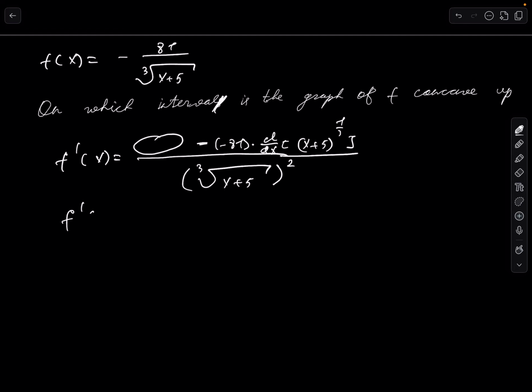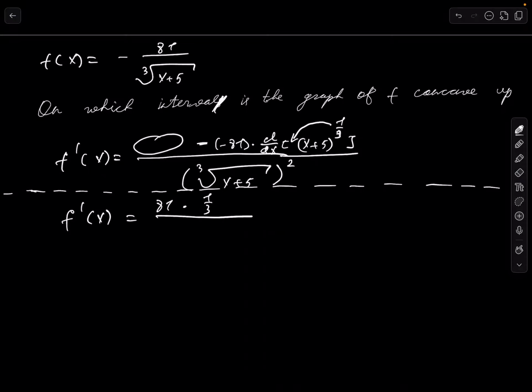Let's just try to simplify it. It's going to be just 81 times, well, here we have to use the power rule. We get our exponent to the front. Let me just create a clear borderline. This part is going to stay the same.